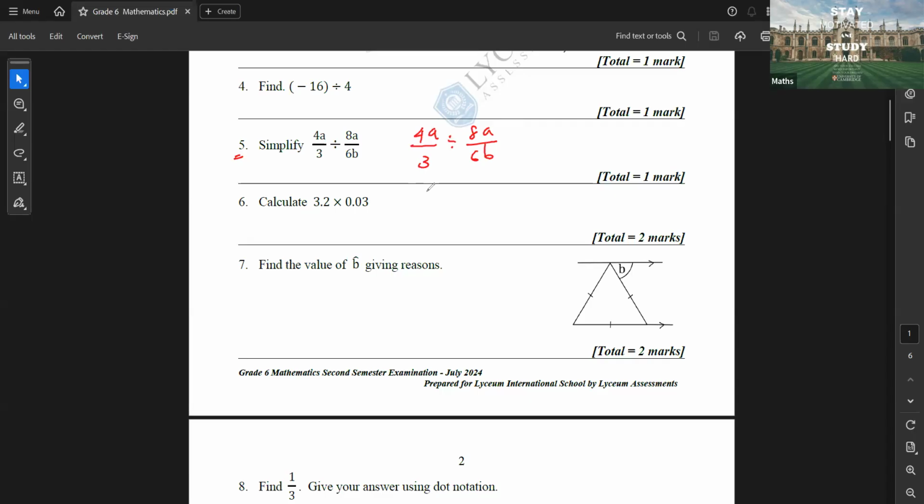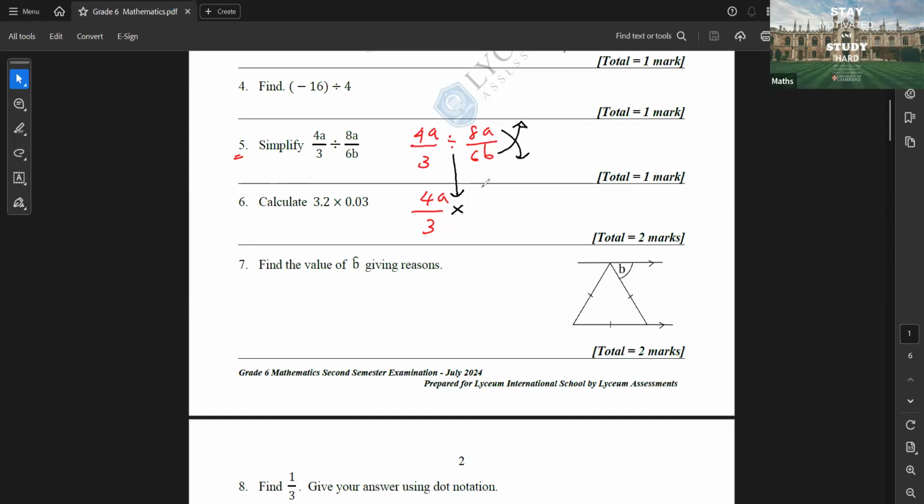So here, what you have to do with division is you can't do the question as it is. You have to convert this division to multiplication. So what will happen once you change division to multiplication? It's the reciprocal, upside down it goes.